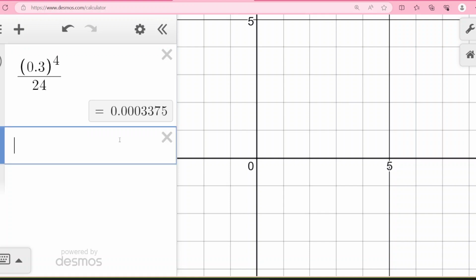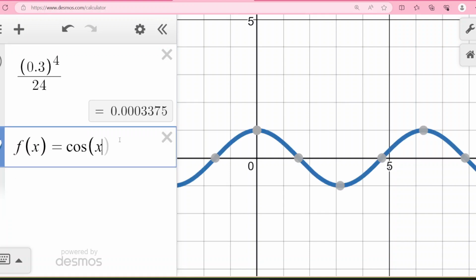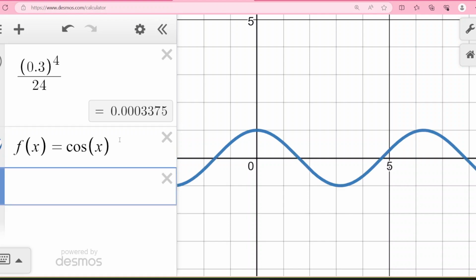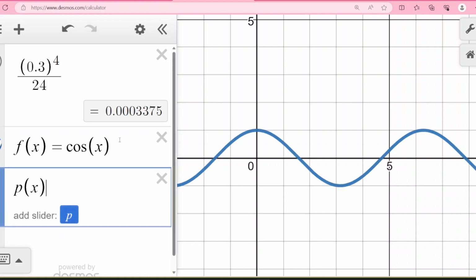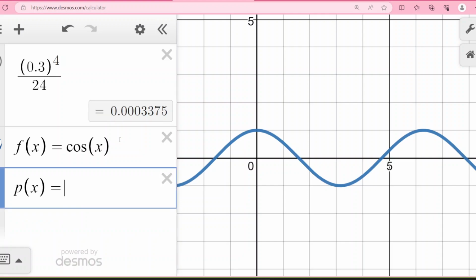In fact, let me just show you that happening. All right, so f of x is cosine x. And then I'll put p of x, and we'll go to the third Maclaurin polynomial for cosine x. That's everything evaluated at 0, so it'd be 1, since cosine of 0 is 1.